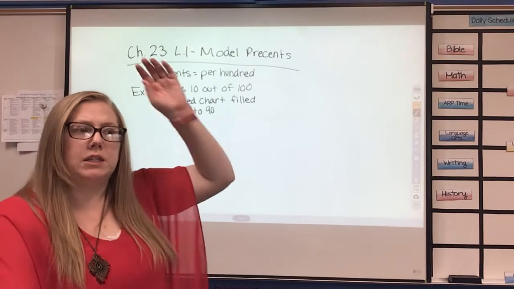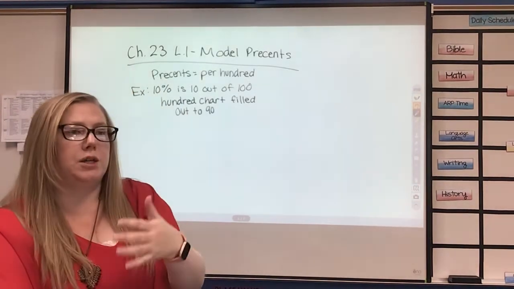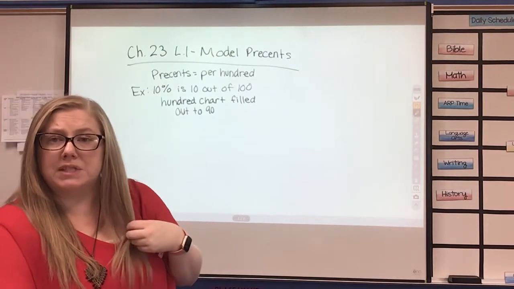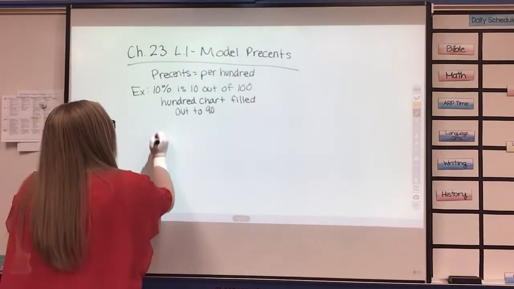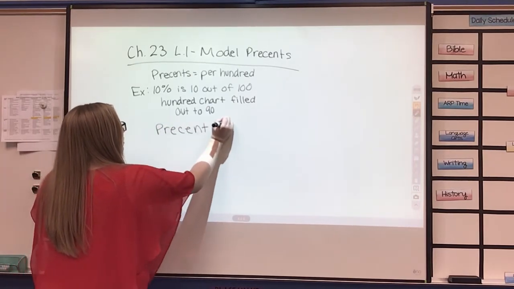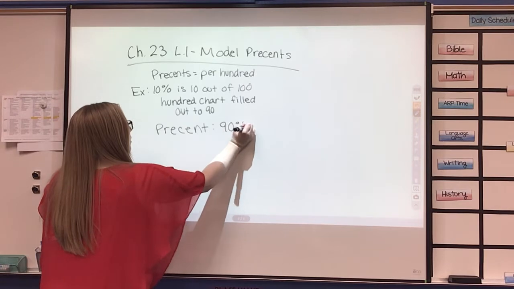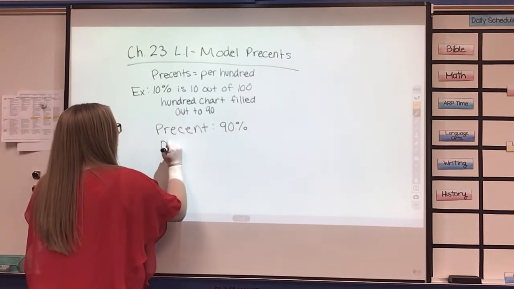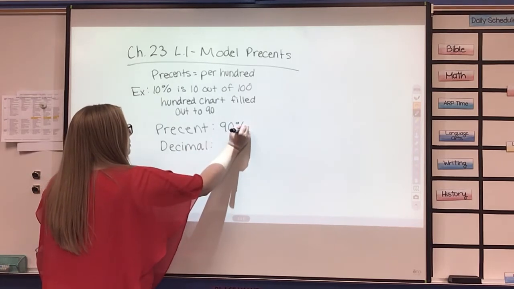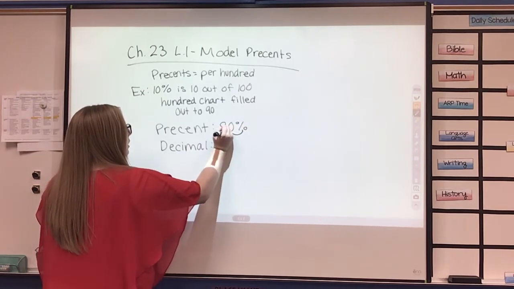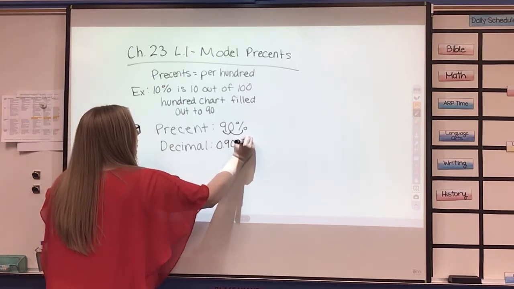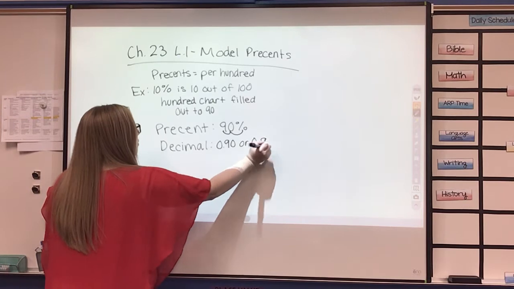Well, if it is colored 90 numbers, or it's filled up to 90, what percentage is that? Well, that's easy. If it's 90, it's just 90%. Okay, decimal. I'm going to take my decimal sign and I'm going to move it here and here. So now I have 0.90, or 0.9.